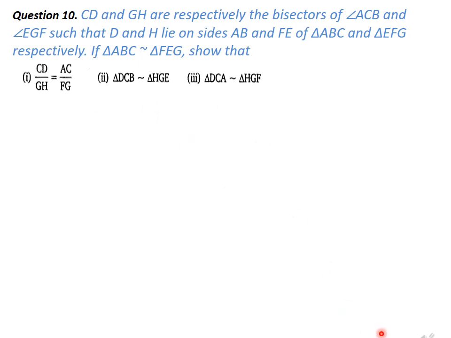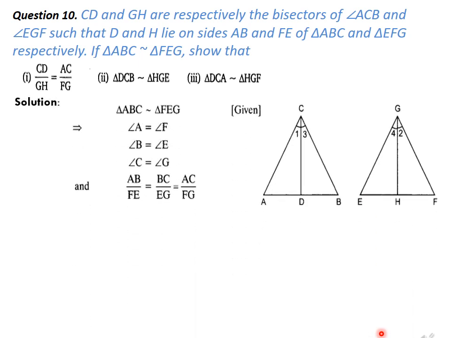So let us draw the diagram first. If these two are the triangles, one is ABC, another is EFG. We can see over here that CD is the bisector of angle ACB.